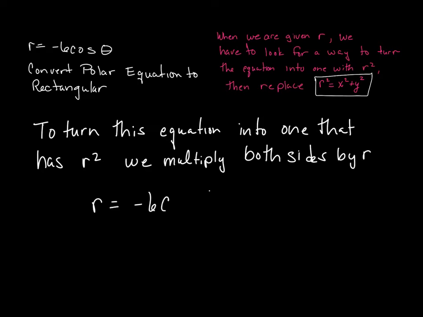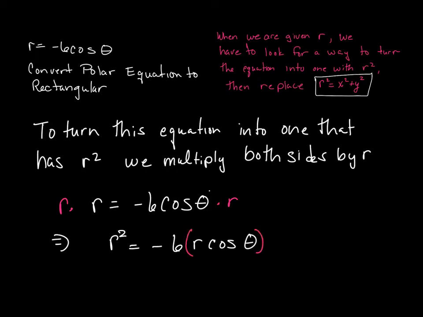So again, we're starting with r is equal to -6 cosine of theta. I multiply r on both sides. When I do that, that gives me r squared is equal to -6r cosine of theta.